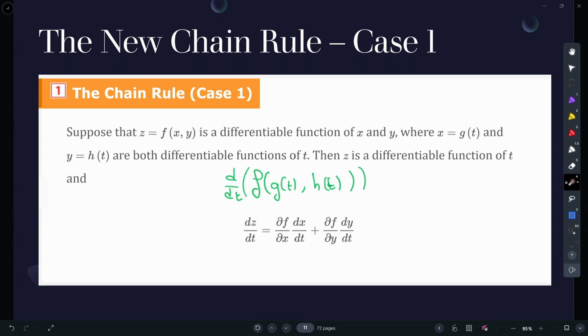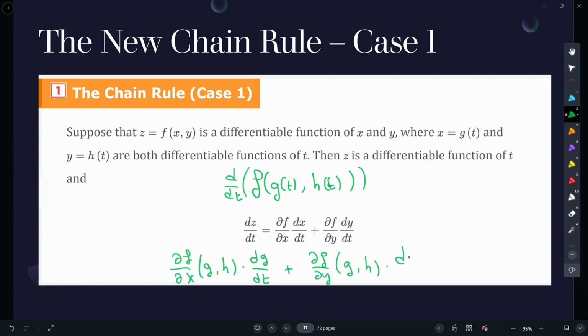Okay? So let's see what happens. Let me expand this formula again. The derivative is going to be the derivative of f with respect to x evaluated at those functions g and h, times the derivative of x, which is the derivative of g with respect to t, plus the derivative of f with respect to y, that is a function of x and y, so I have to evaluate it at the functions g and h, times the derivative of the function h with respect to t.